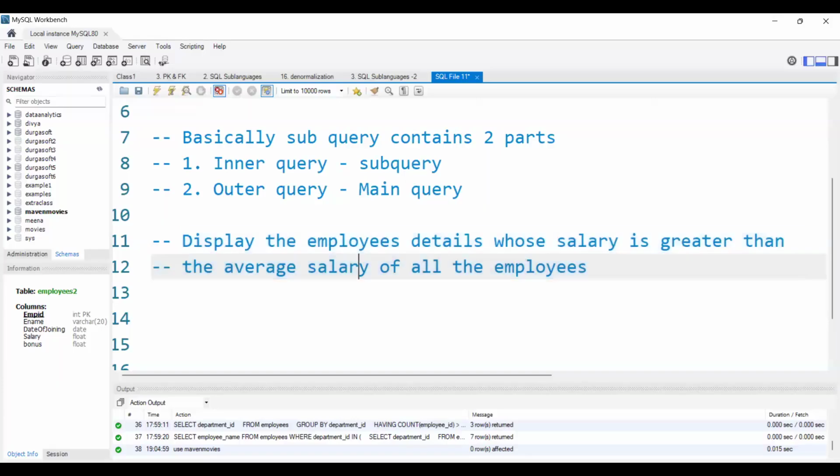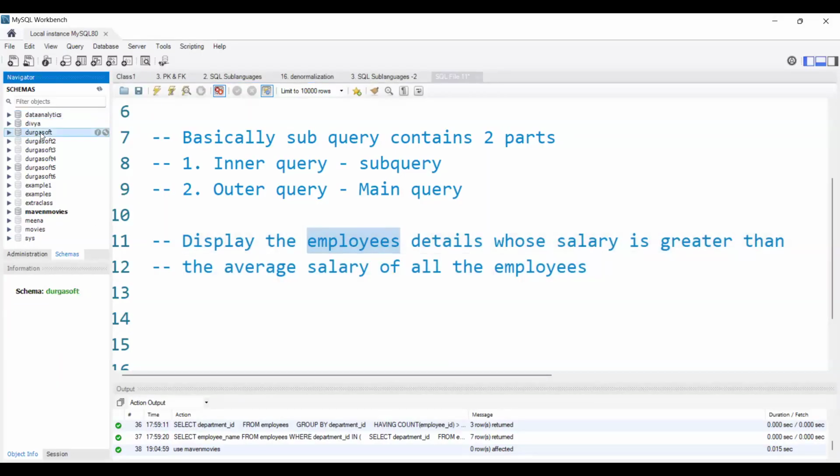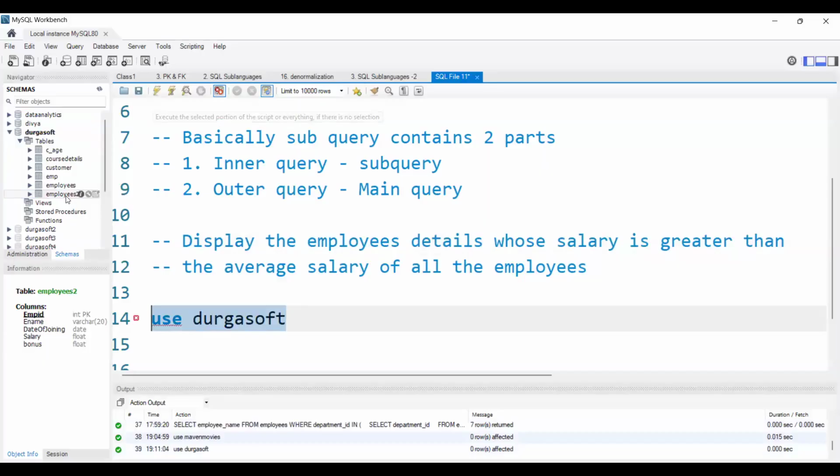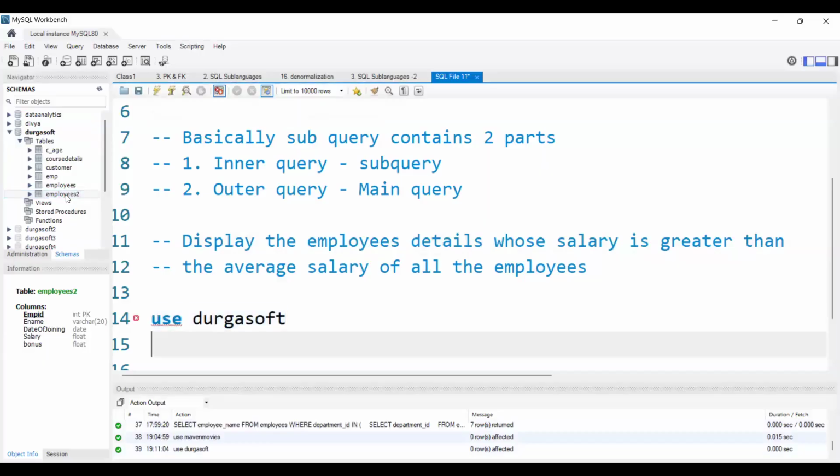So this is my question. We need to display the employee details. We have an employee table in Durgasoft. Let me first activate the Durgasoft database. I have an employees2 table here.